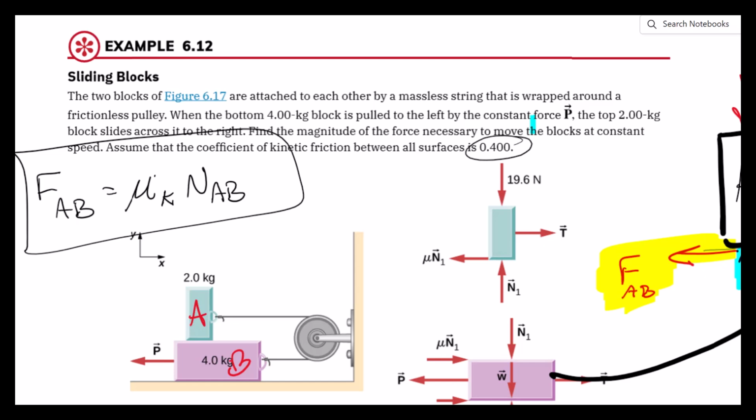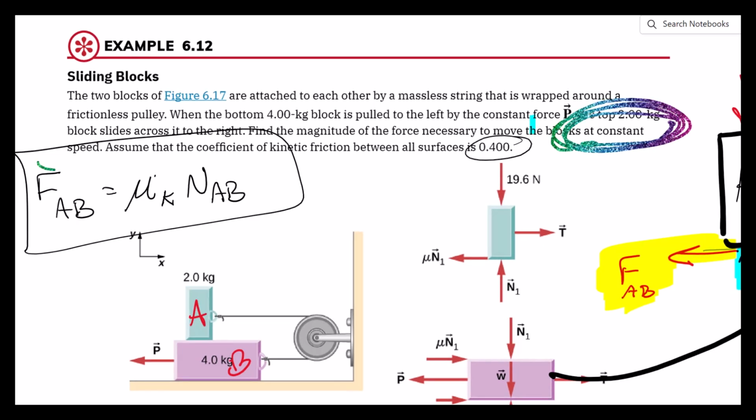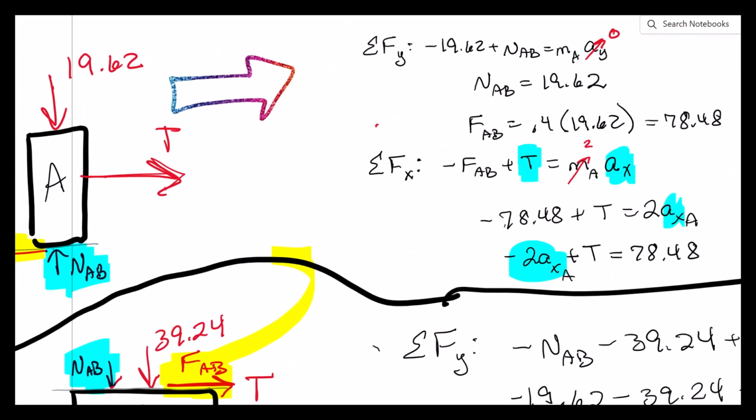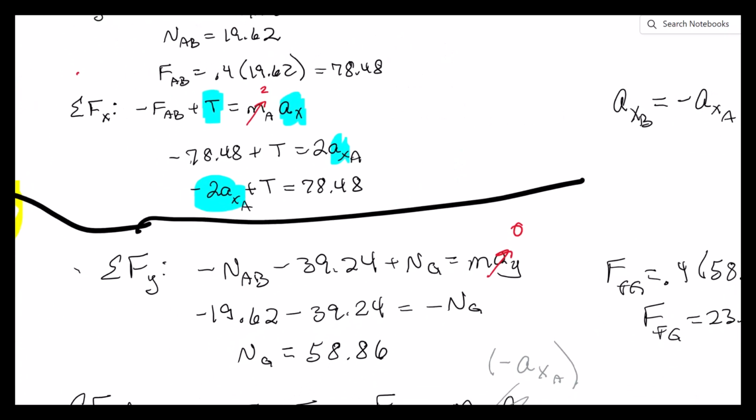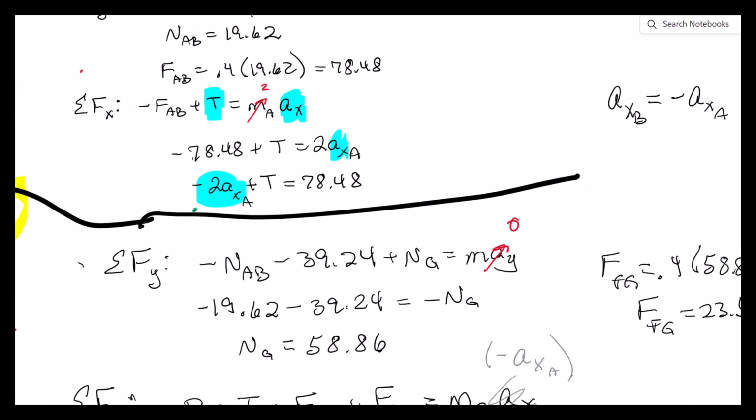Find the magnitude of the force necessary to move the blocks at a constant speed. So if the speed is constant, acceleration is 0. That's pretty lame. I went through all that discussion about acceleration just for acceleration to turn out to be 0. So now the tension is just straight up 78.48.